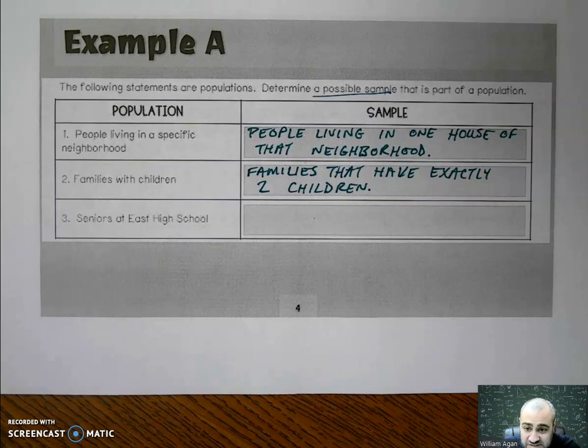And number 3 is seniors at East High School. Okay, a possible sample of that. You know, one sample that's always easy to come up with is just boys or girls, or teenagers, or there's some that are just easy to go with.